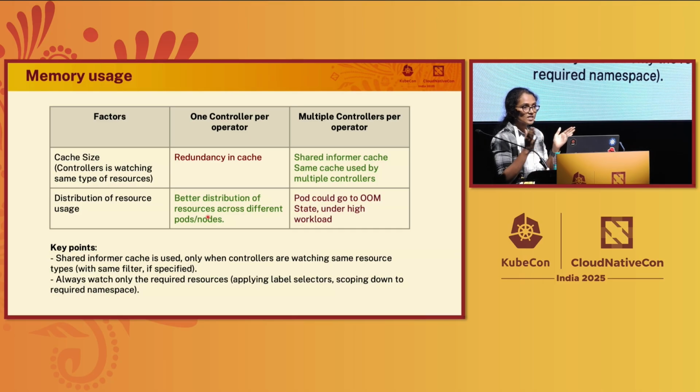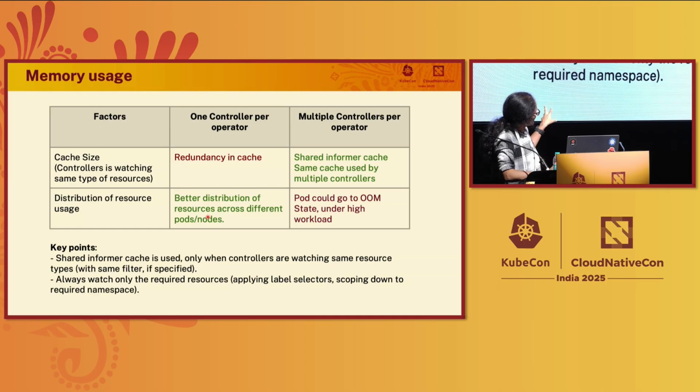So the cache size might get bigger if you create thousands of CRs or many other deployments that it is trying to watch. There are chances that it could go to an OOM state, and there have been scenarios and open source issues that made it go to the out of memory state. So that's the con when you put a high workload with multiple controllers per pod. But if they are in different pods, there is a better resource distribution.